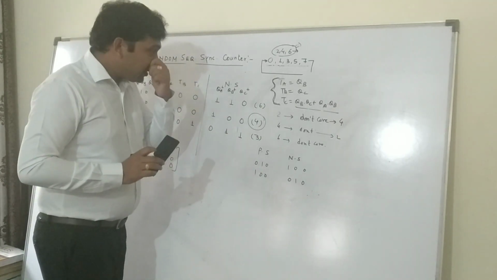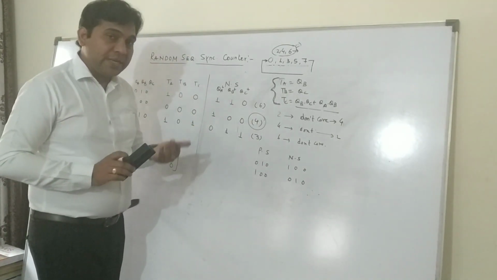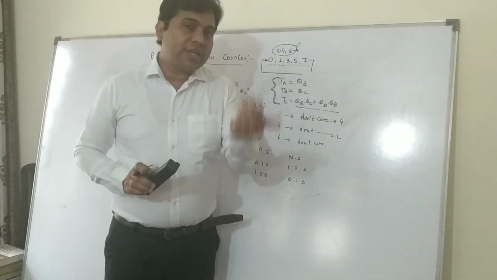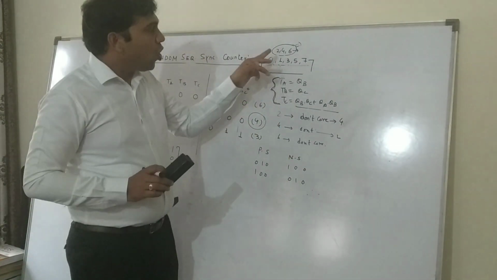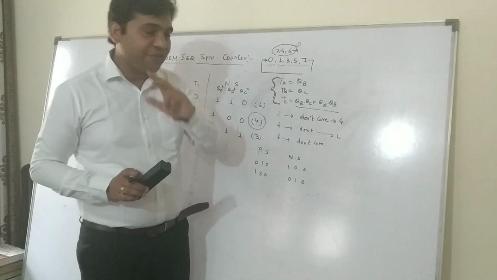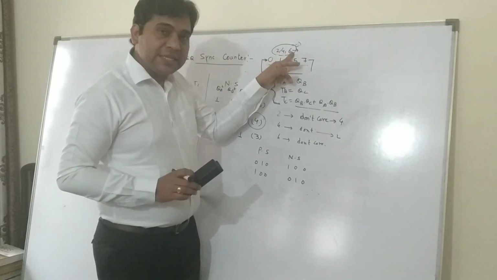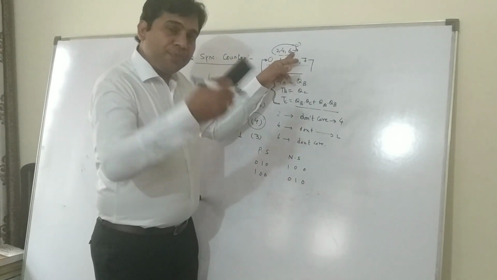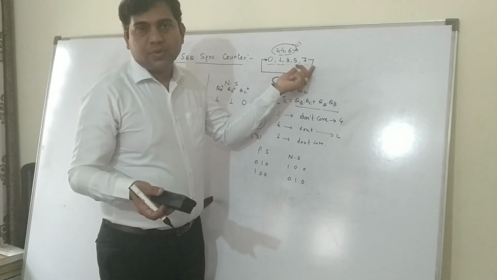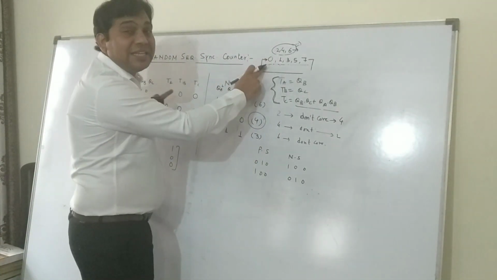So to avoid these situations, instead of taking 2, 4, 6 as don't care states, you can always design a synchronous counter in such a way that whenever it goes to 2 or 4 or 6, the next state should be any of the valid states. Whenever 2 comes, the next state should be, let's say, the initial state.